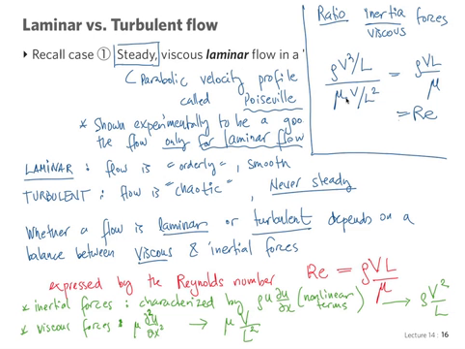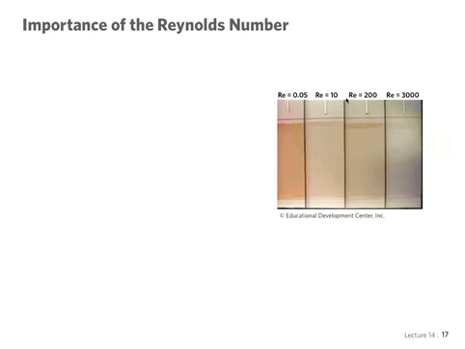But where there's a change between one and the other will depend on the geometry of each situation. But it's a very important parameter to classify flows. And to give you an example, in this video we see jets entering a still fluid, each for a different Reynolds number.